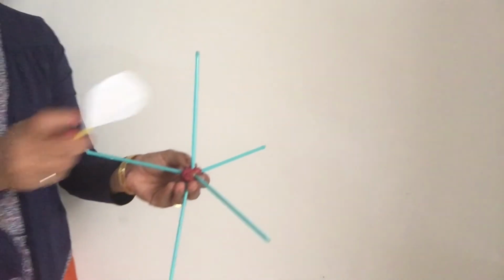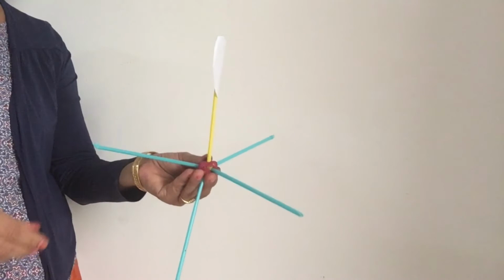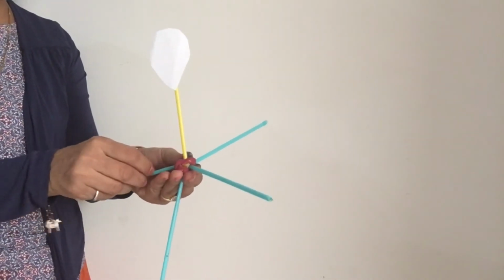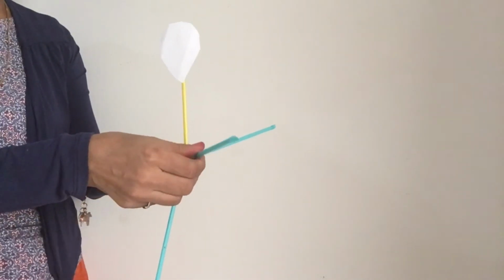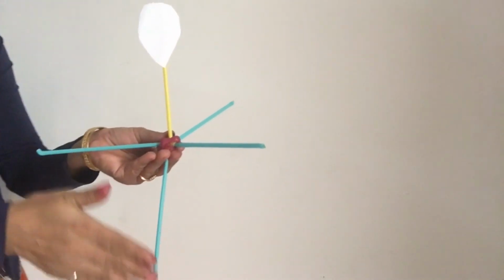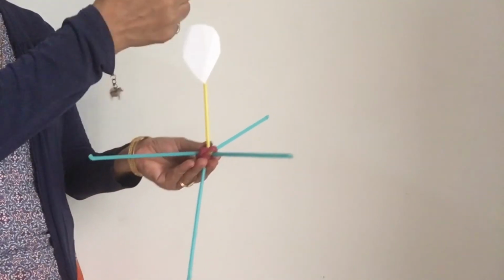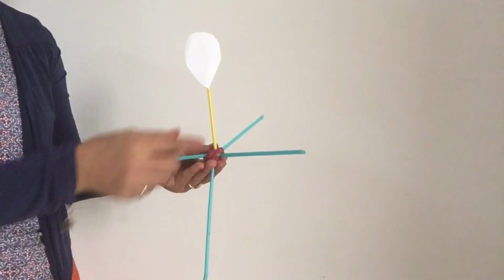What do we bring in now? Absolutely, we bring in a lone pair of electrons. This lone pair starts bossing around. He says, give me some space. Now, you have to see where I have put the lone pair. This is called the axial position, the axis.